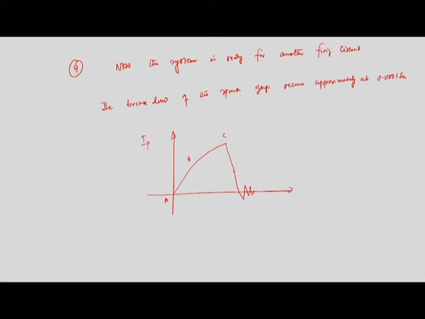So, this point is D, then E, then F. This takes a very small time, this delta T is very small.